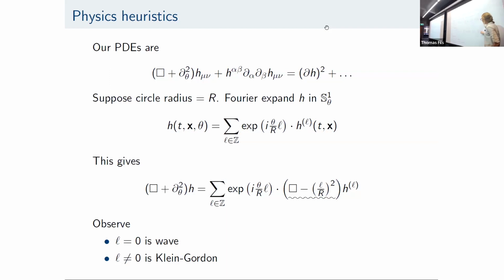So what do I observe? I observe that when l is 0, my zero mode is like a wave equation. And my non-zero mode gives me a term here, which I can interpret as a mass, which is a Klein-Gordon-like equation. So what this tells me is that hidden within this system, I have massless wave-like behavior, and I have massive Klein-Gordon-like behavior.